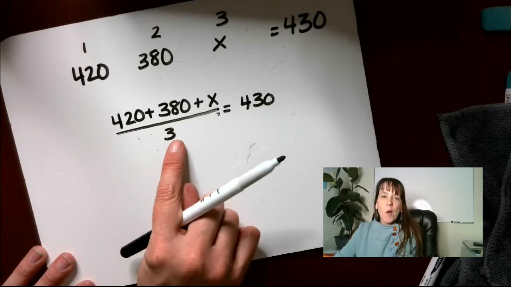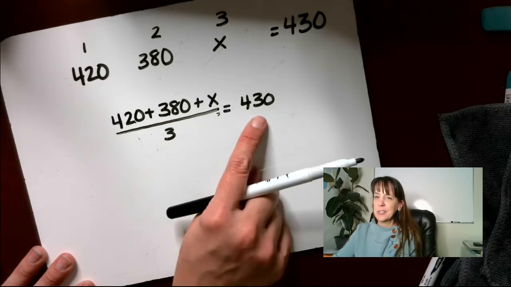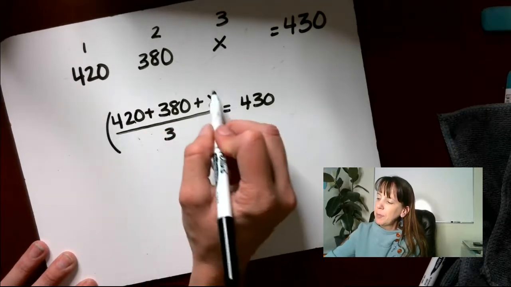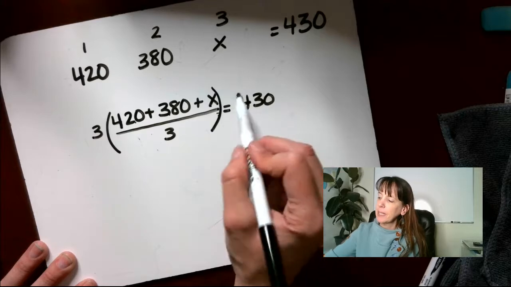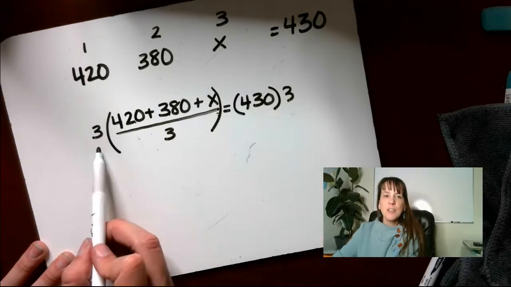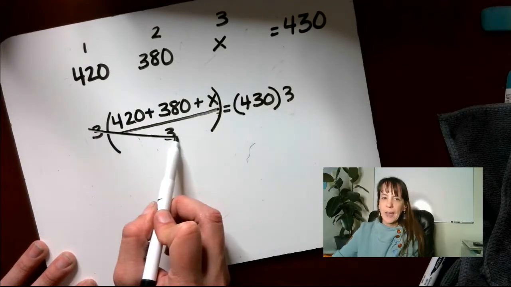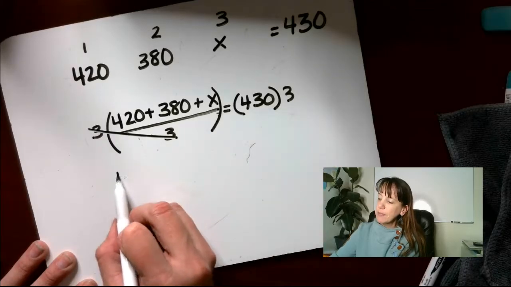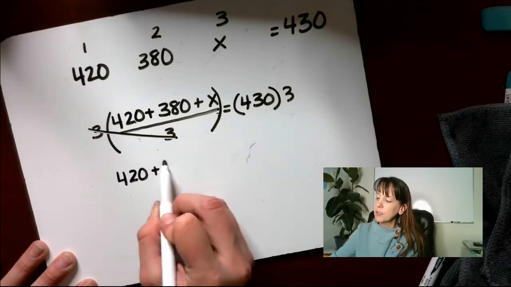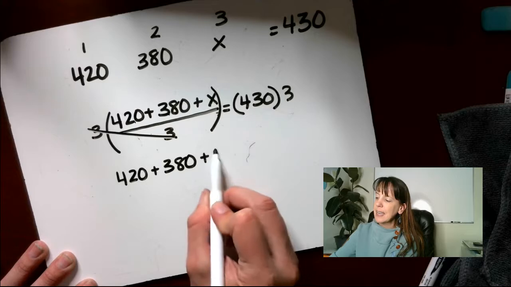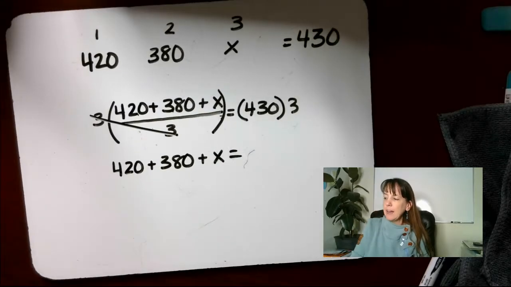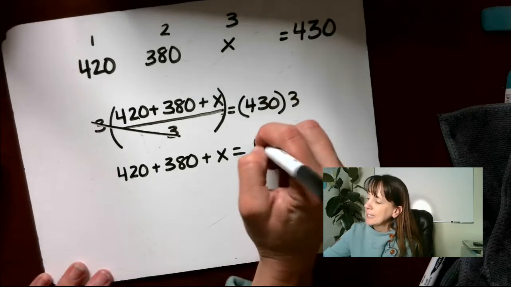I want to get that 3 over to the other side, so I'm going to multiply both sides by 3. Because if I do that, these go away, and what I'm left with is 420 plus 380 plus x equals 430 times 3, which gives me 1290.